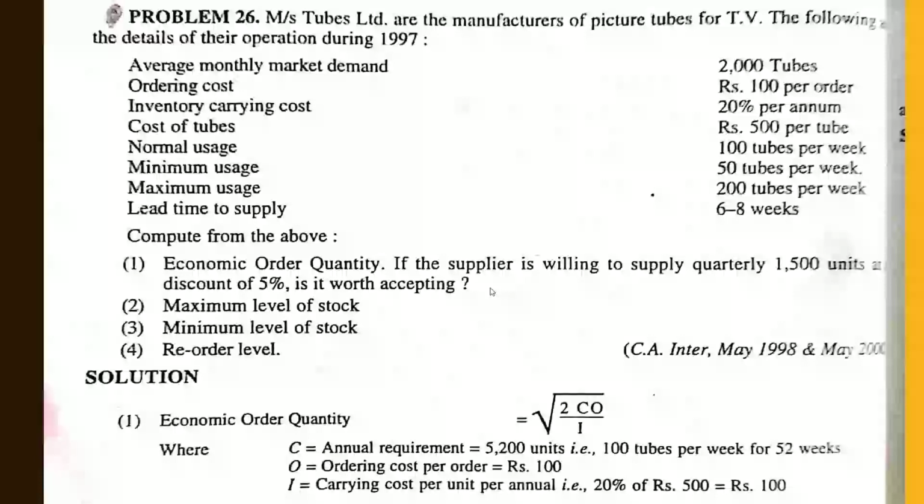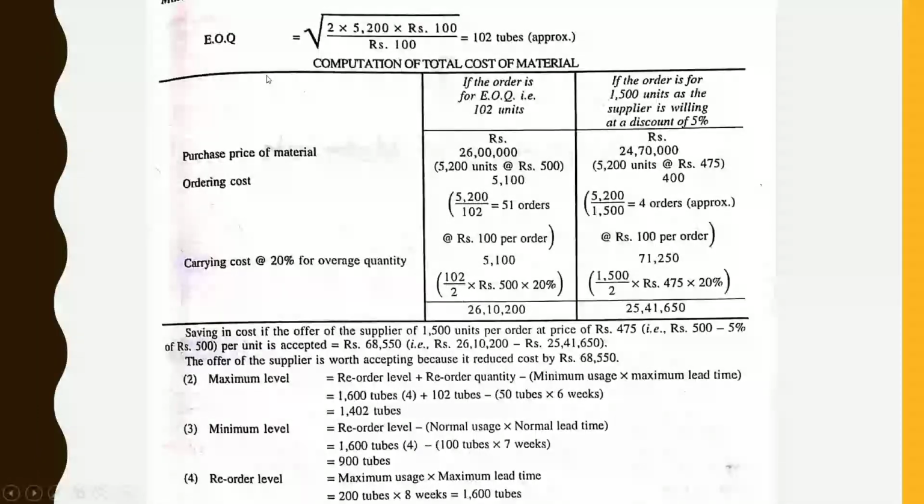So again, we should prepare this statement. One is for EOQ, that means 102 units, and another is for 1,500 units, where 5% discount is available. So price of material, how much? 5,200 units into 500. So it will be 26,00,000. But 1,500 units.